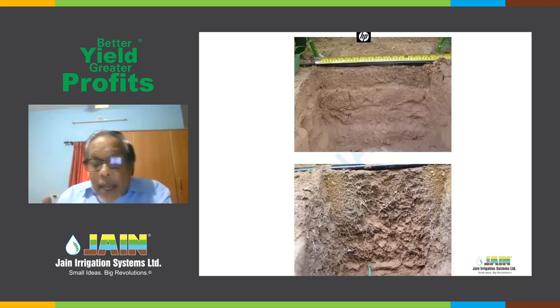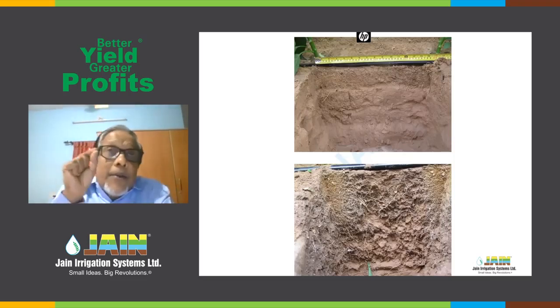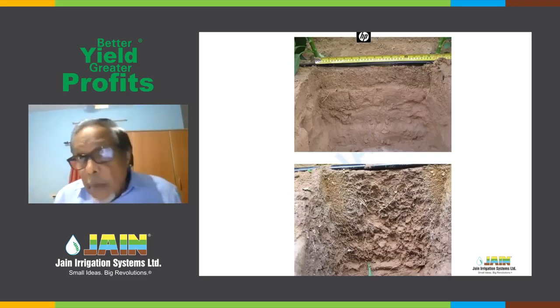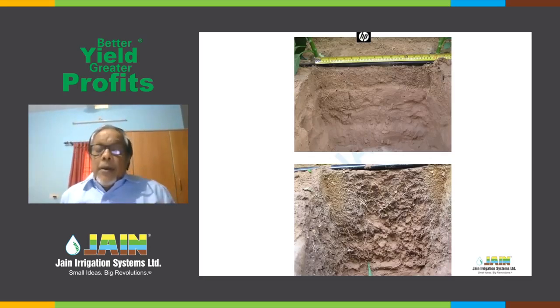Now the question of asking for a dripper per plant is again because of the wrong system supplied earlier in India. I'm talking about Indian farmers asking this question. Of course, African farmers also asked me this question later, but that's a separate thing.